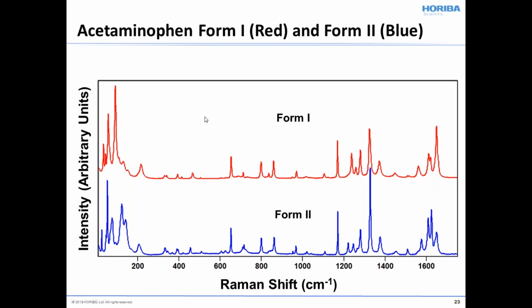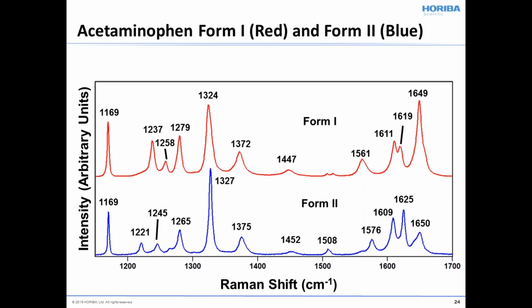Now, having said that, it's not enough to just take relative intensities to be able to differentiate the forms, because you can still have effects due to the orientation of crystals, in particular single grains, relative to the incident laser polarization. So what you really need to do is pay attention to, no pun intended, the peak positions.